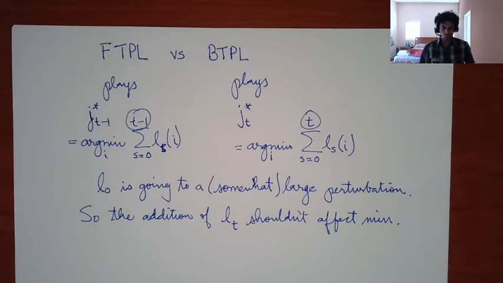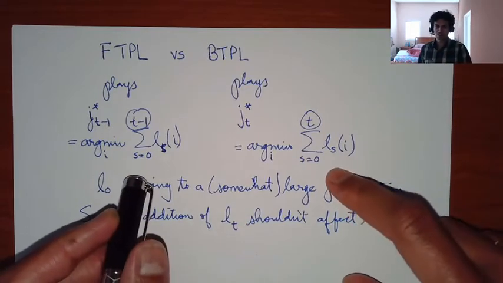Because we know that follow the leader is bad, but be the leader is good. So if you can actually look at the current loss function and use that to optimize the past, then it's good. So that look ahead of 1 is extremely useful for the deterministic strategy.